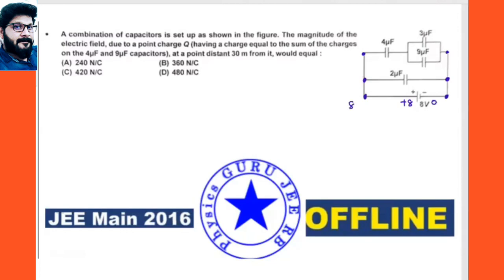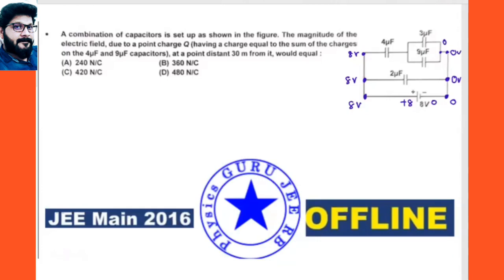So here 8 volts will be there, here 0 volts across these ends. This 0 can be transferred till here, 0. Here one more point is 0. Next here 8 volts, and here also 8 volts. So these are the potentials at each of the points 1, 2, 3, 4.